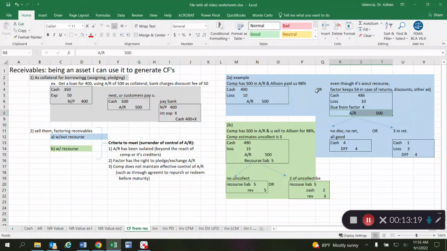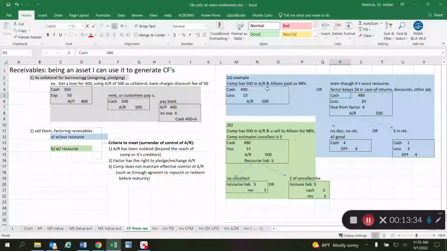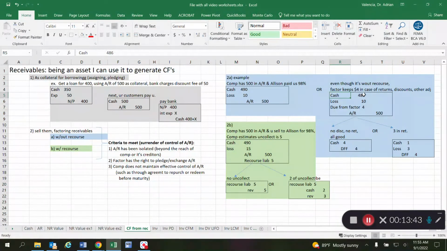So let's compare here. When we first sold these receivables without recourse, we received $490. Okay, and then same information stands, except that the factor says, let me keep $4 of those $490 just in case there are returns or discounts or anything like that. And if there aren't, I'll give you that $4 later.